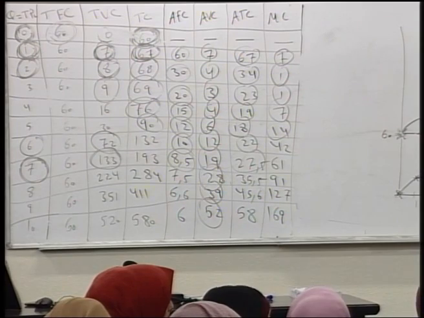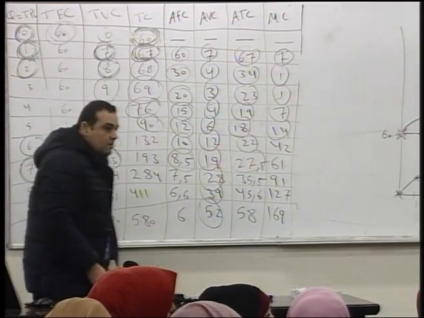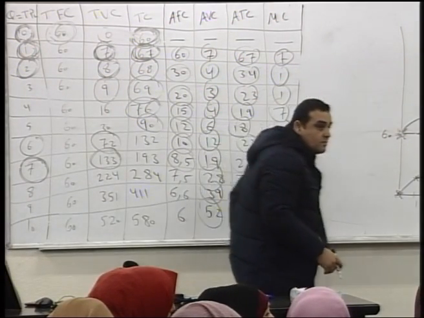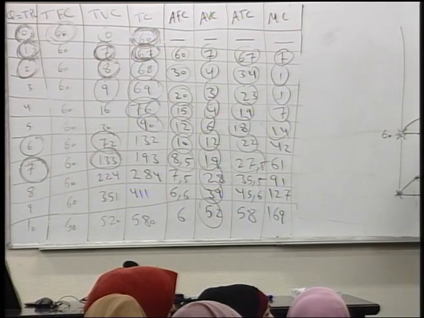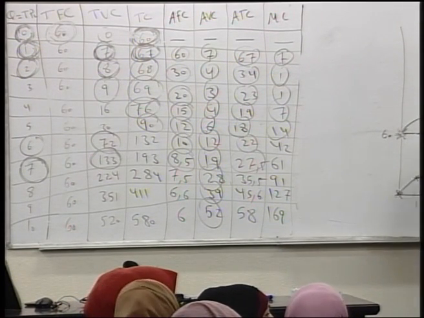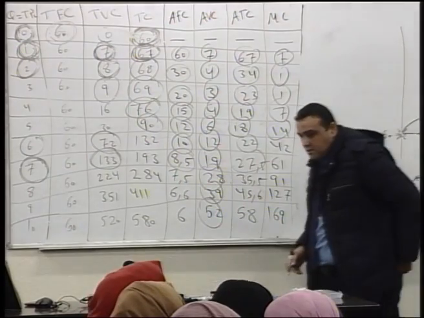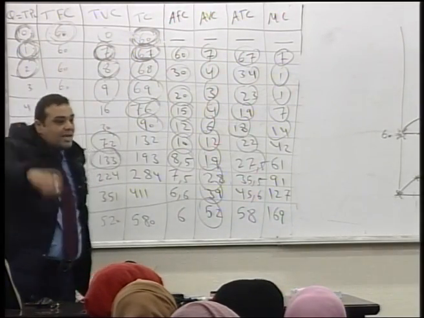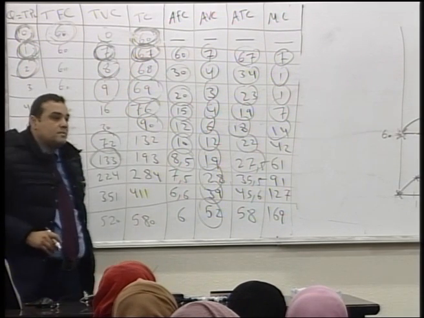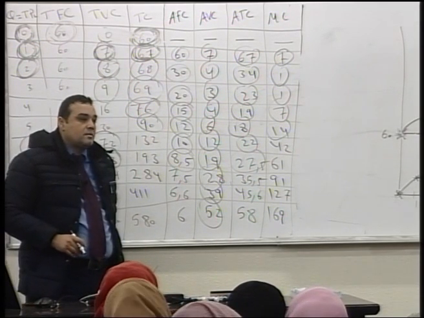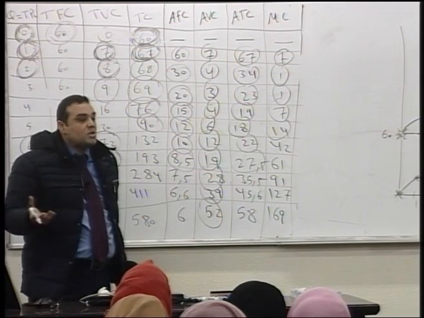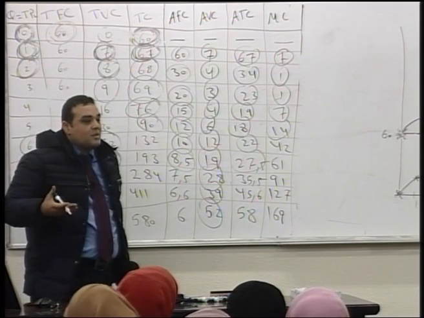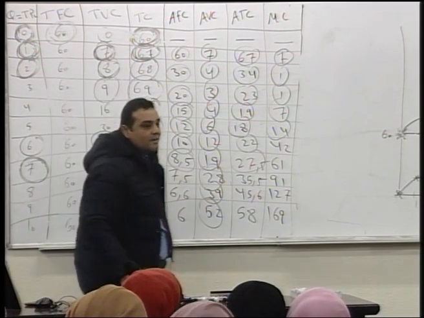Correct. But the new value will become fixed for the next period. No, look, in the long term total cost is total variable cost. Which means in the long term total fixed cost equals 0.